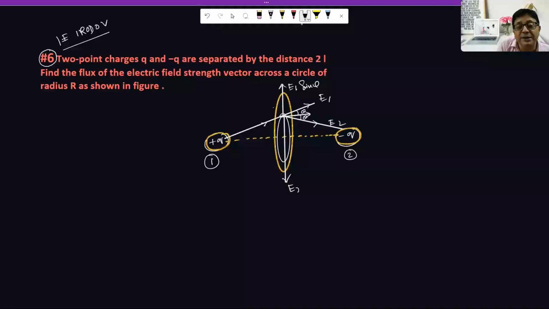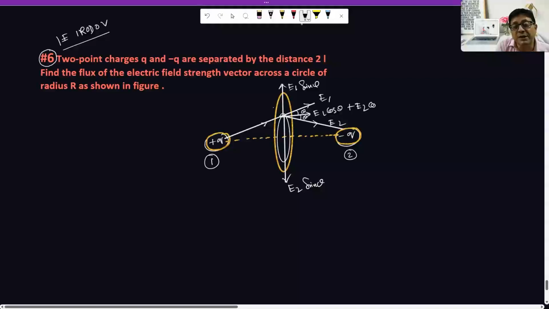It is E2 sin theta. Okay. So E1 cos theta and E2 cos theta will be passing through this circle.